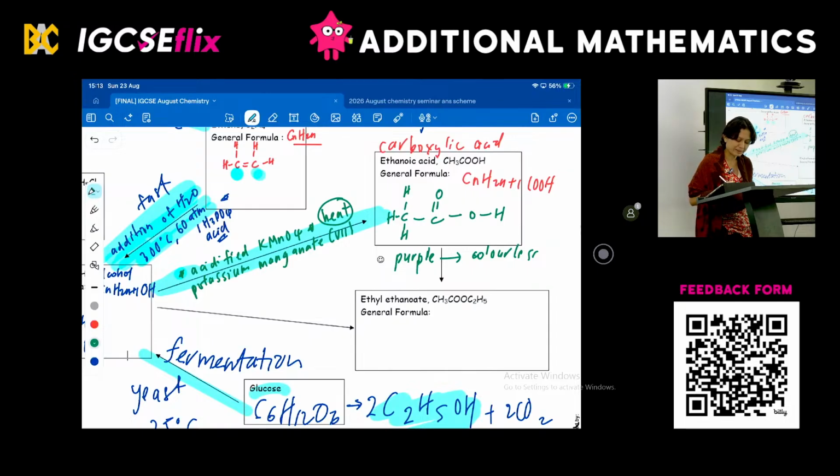Teacher, you say got 2 methods. Yeah. Who knows method number 2? Not using yeast, but using something to do with yeast. Yeast's friend. Not using yeast, but using bacteria. Okay?